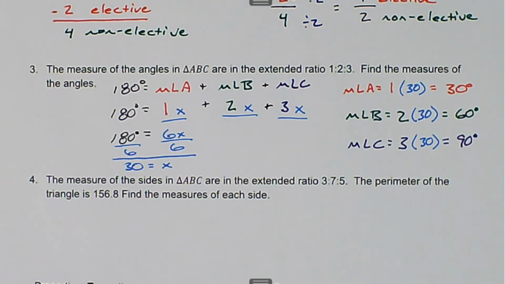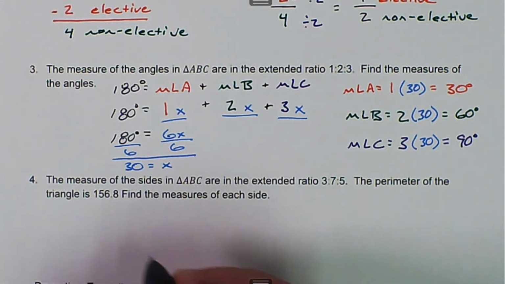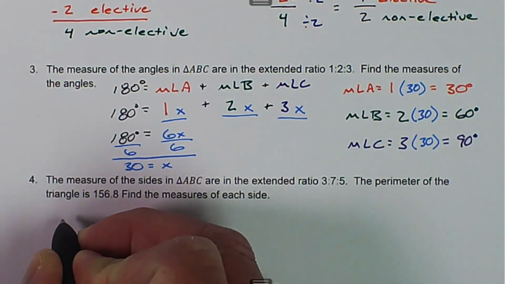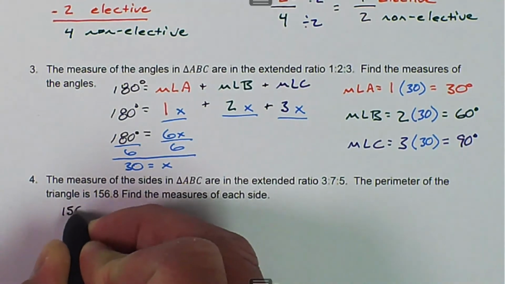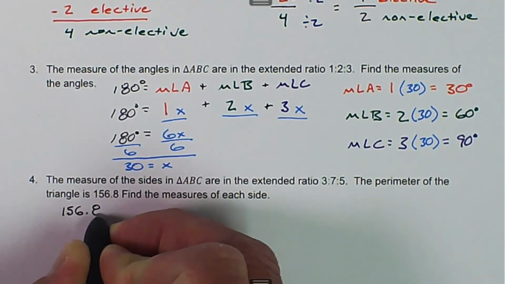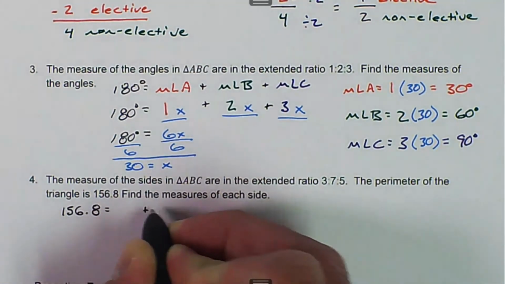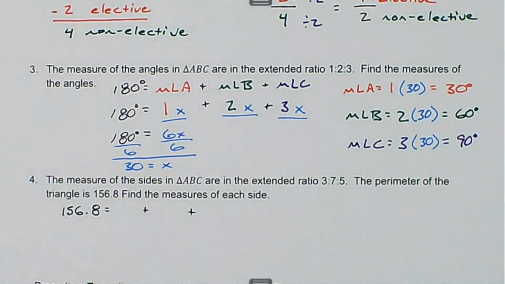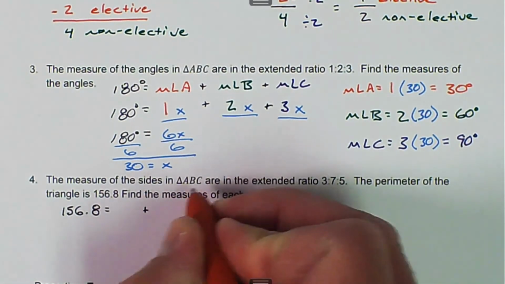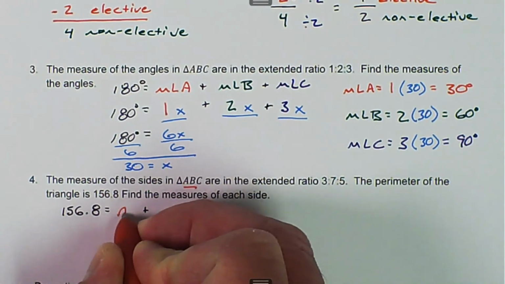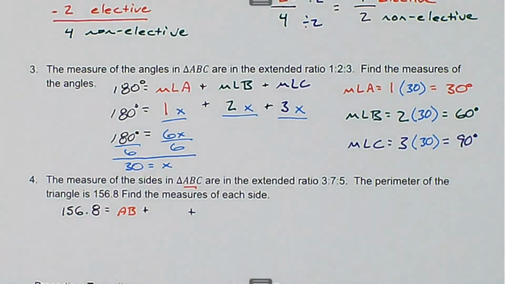And if we're talking about perimeter, we have to add up all the sides of the triangle. So in this case, we have 156.8 is the total perimeter, is going to be equal to the 3 sides added together. So the first side is AB, the next side is BC.